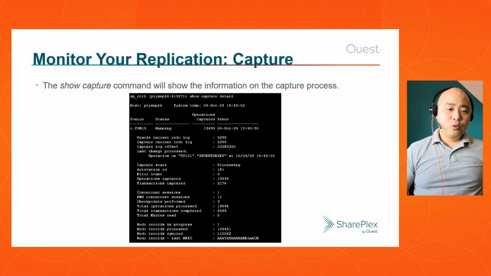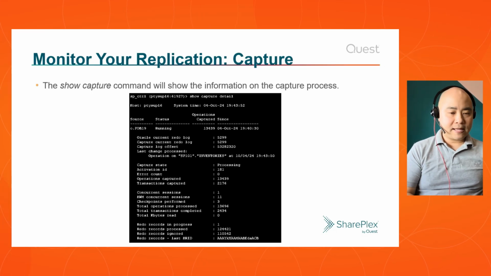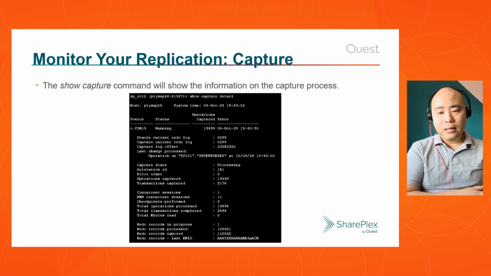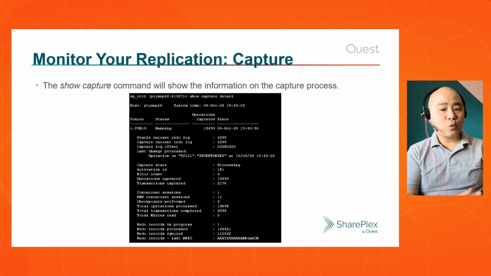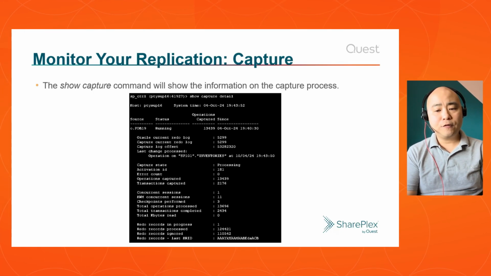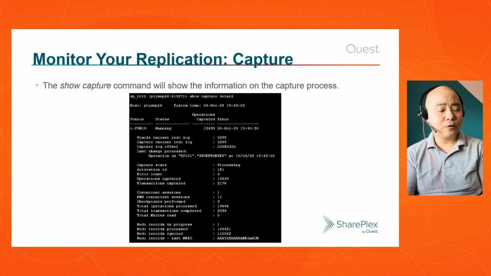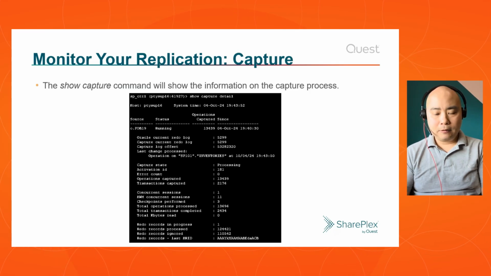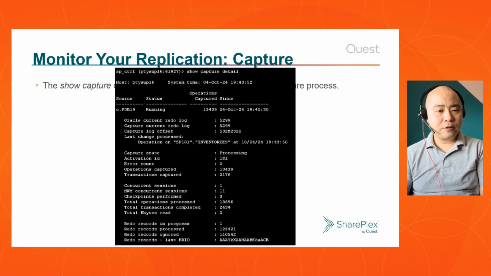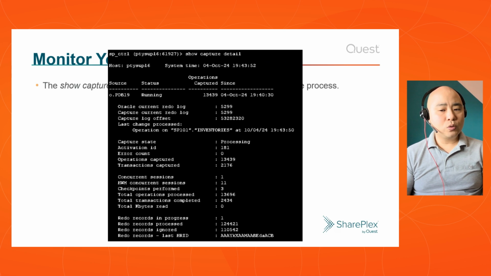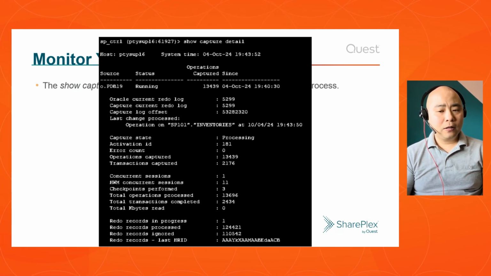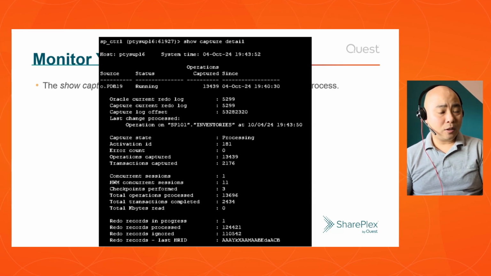If you want to check the status of your capture, usually we start with the show capture command. This command will have most of the information you will need on what capture is doing. In this particular example, we're looking at the show capture command with the detail option at the end.